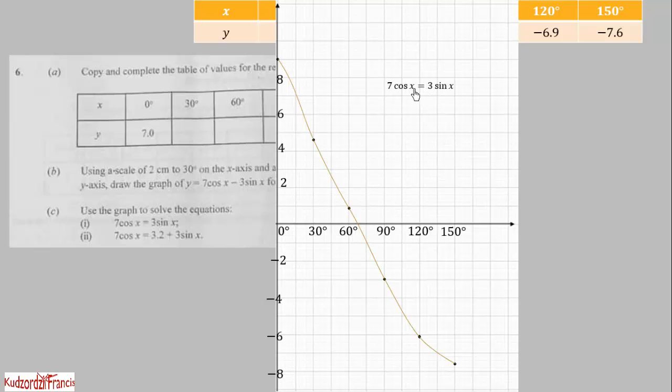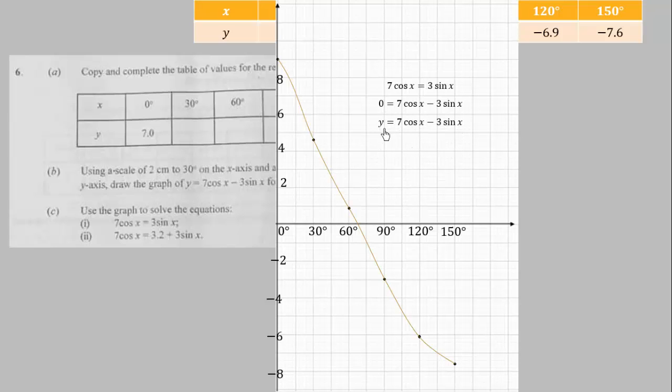What we are going to do is rewrite this equation to look like the one whose graph we drew. So we subtract 3 sin x from both sides to get this. I just brought this one here and 0 is here, and I swap their positions to get this.